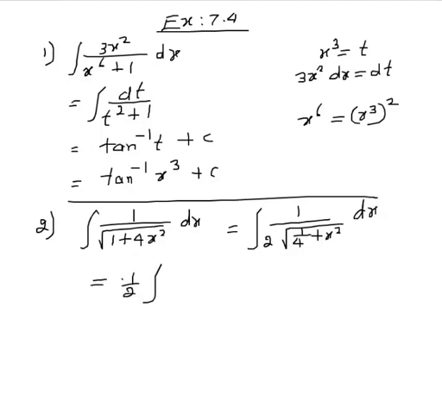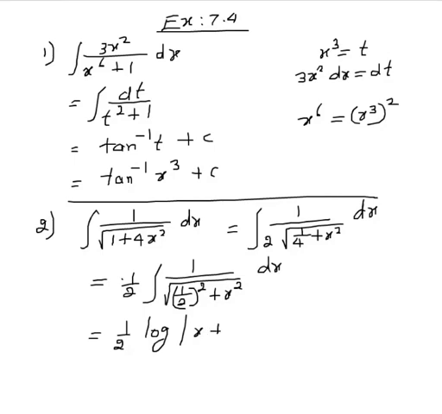So half into integral. 1 by 4 can be written as half square plus x square dx. Now use 1 by root of a square plus x square formula. So half into log of absolute value of x plus root of x square plus 1 by 4 and plus c.